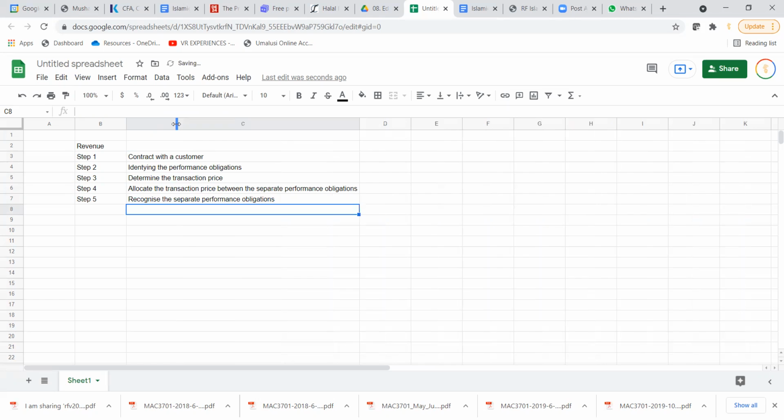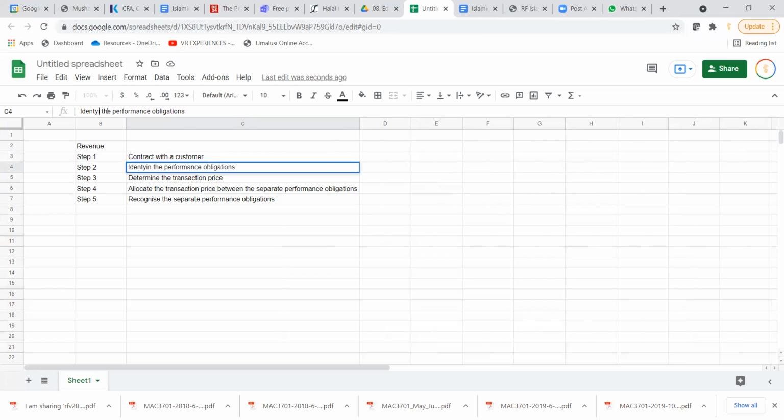Step 1, determine whether you have identified the contract with a customer. Step number 2, identify the performance obligations. Step number 3, determine the transaction price. Step number 4, allocate the transaction price between the separate performance obligations.